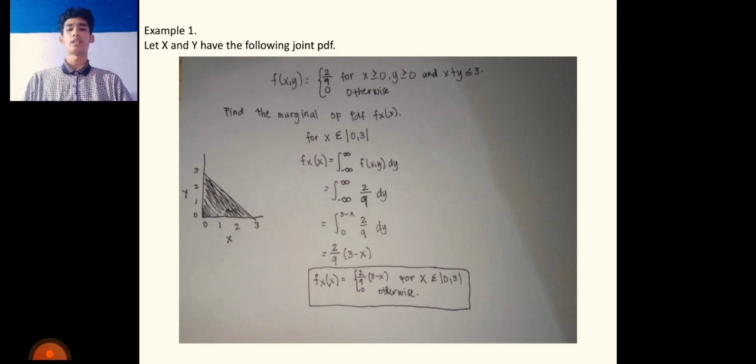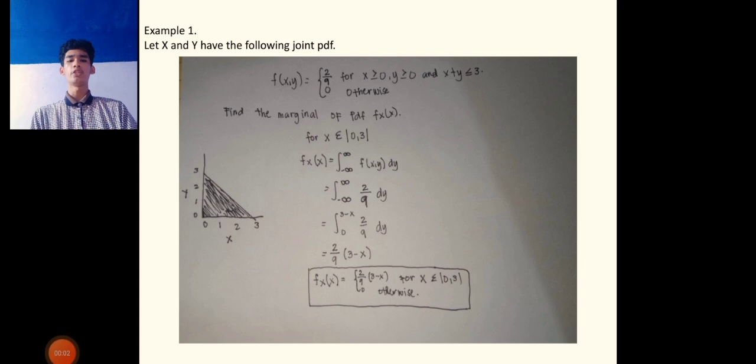So the integral of 2 over 9 dy with the upper bound of infinity and the lower bound of negative infinity. The new equation of this is the integral of 2 over 9 dy with the upper bound of 3 minus x and the lower bound of 0.